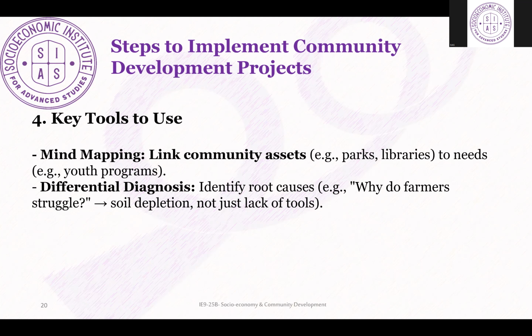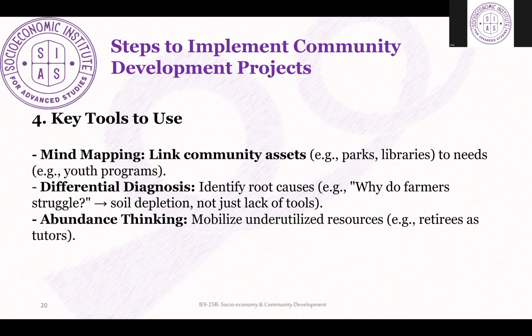Why do farmers, for example, struggle? Is it about soil depletion, or lack of tools, or not enough water, and so on? So this is another way of solving community problems or creating development projects.